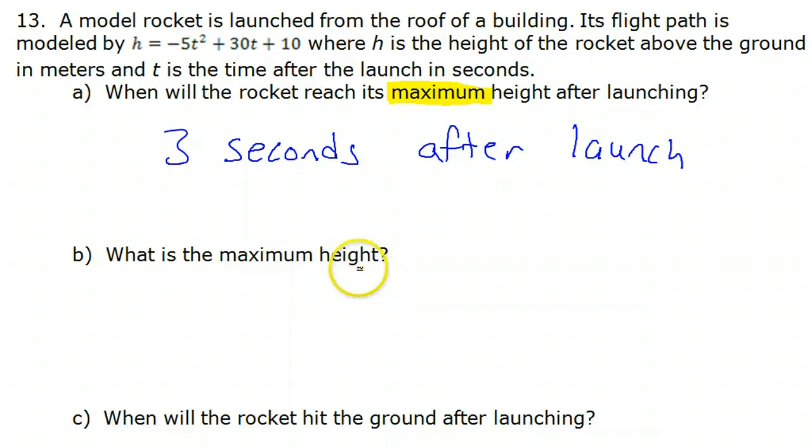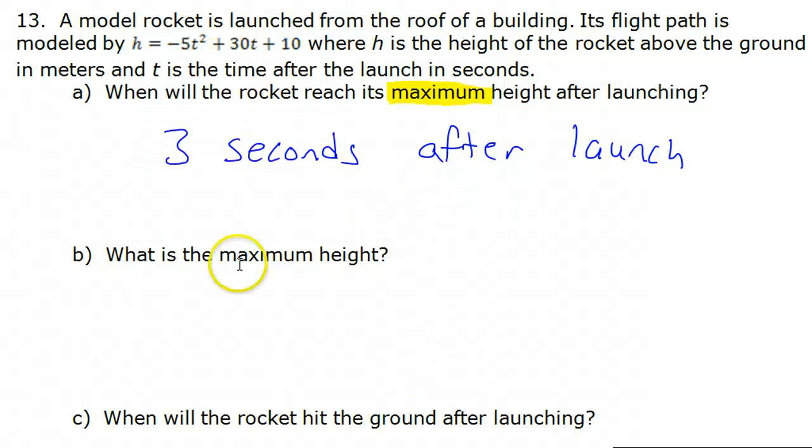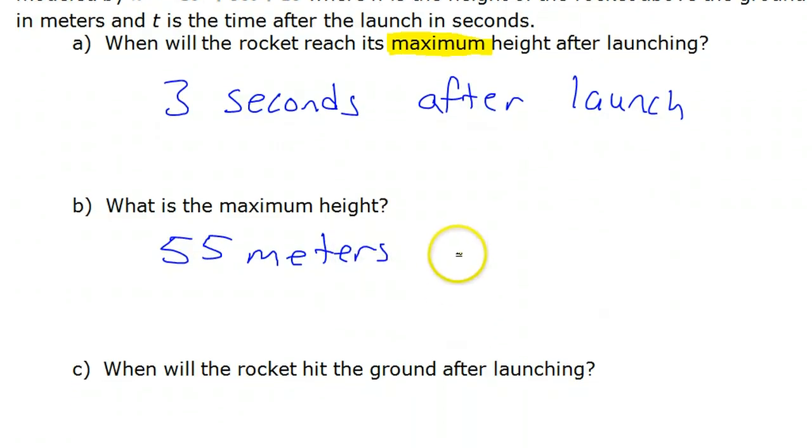What is the maximum height of the rocket? Well, the vertex is 3, 55, so 55 meters is the maximum height. Okay, so that's it for that.